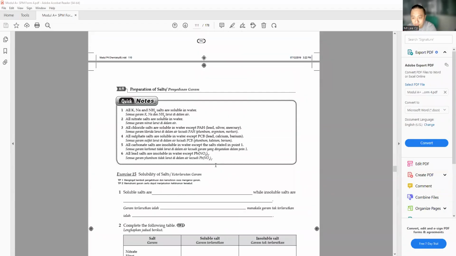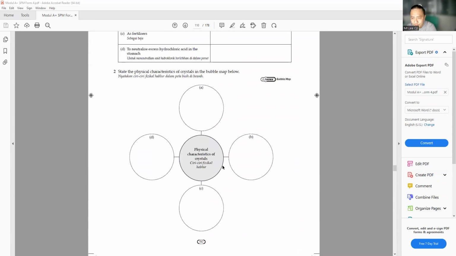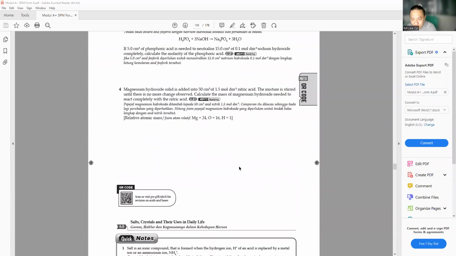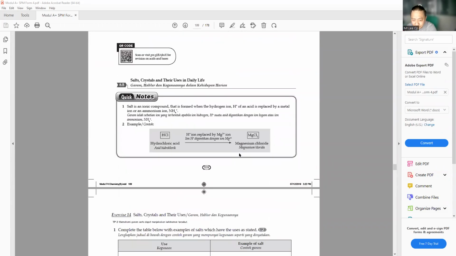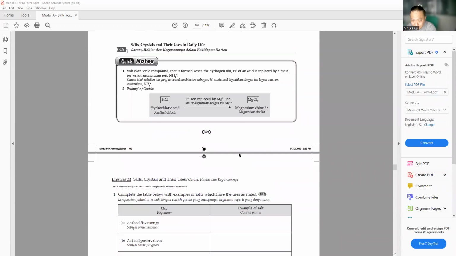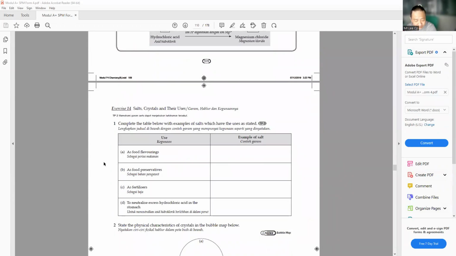I guess last week we did until here. This one is the salt that you can get from daily life, the use of salt in daily life. Did I give you the answer? Not yet, right?